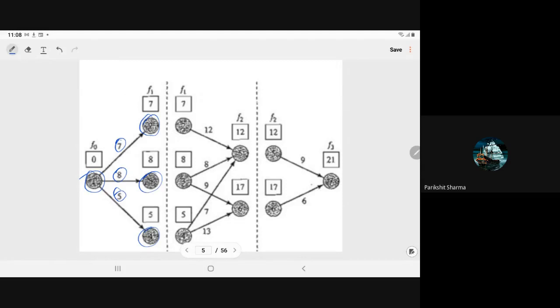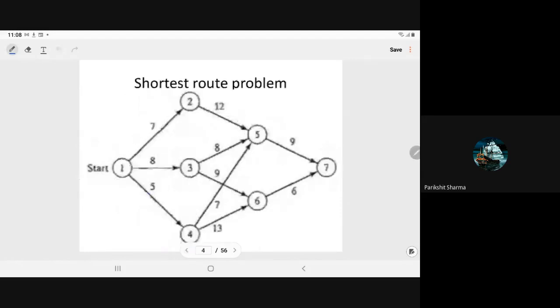Now you are in city 2, and city 2 is linked to city 5 only. City 3 is linked to city 5 and 6. City 4 is also linked with city 5 and city 6.